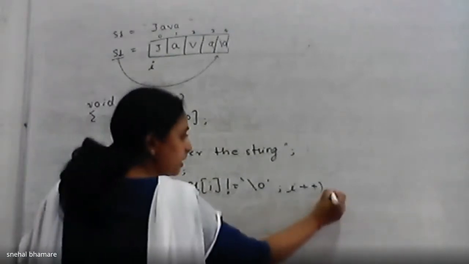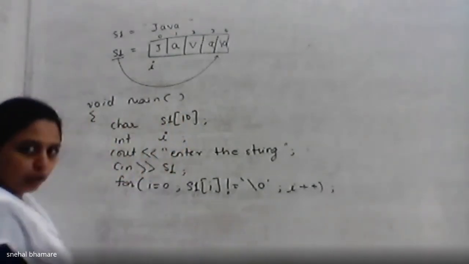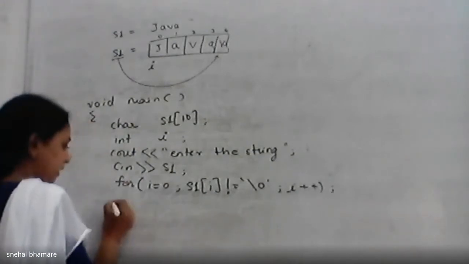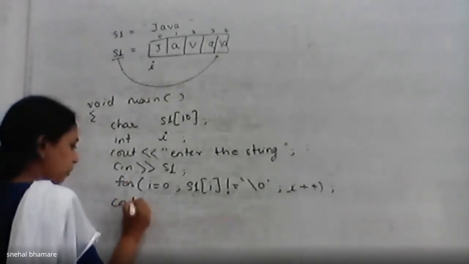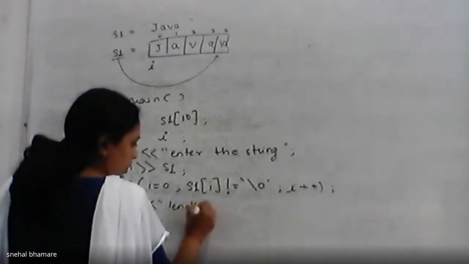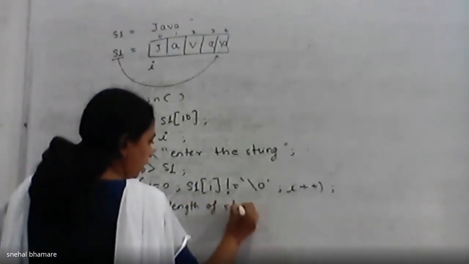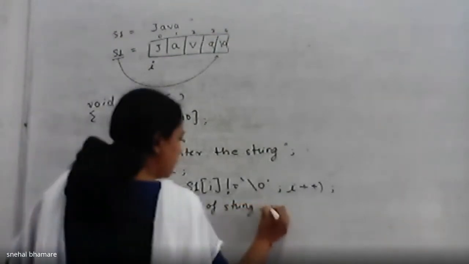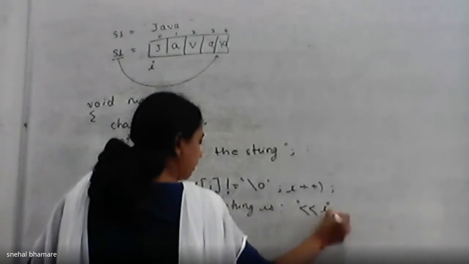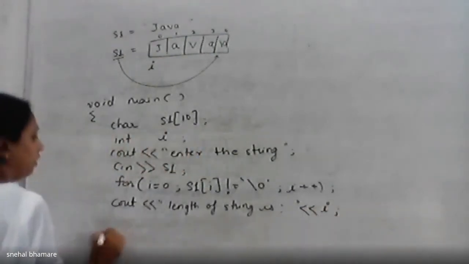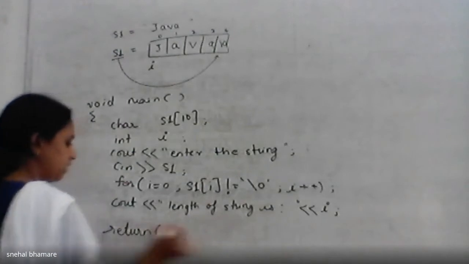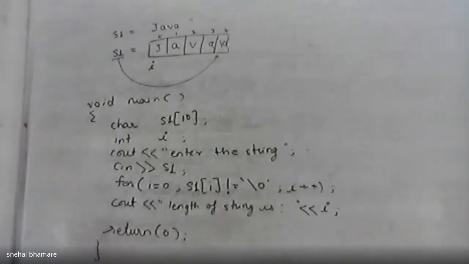We will give a semicolon after the for loop, right? After this, display message, cout, length of string is I. Return 0 and terminate the program.